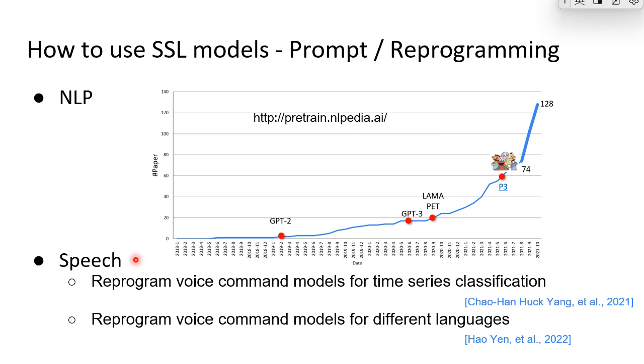For speech, the idea of reprogramming has been used on voice command models. It is possible to reprogram a voice command model for time series classification. It is also possible to reprogram voice command models for different languages.